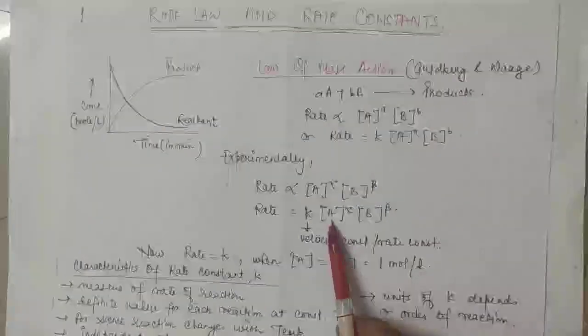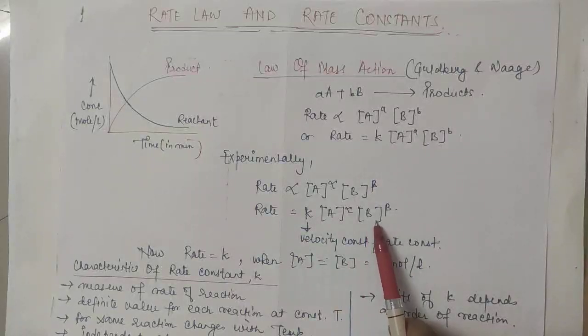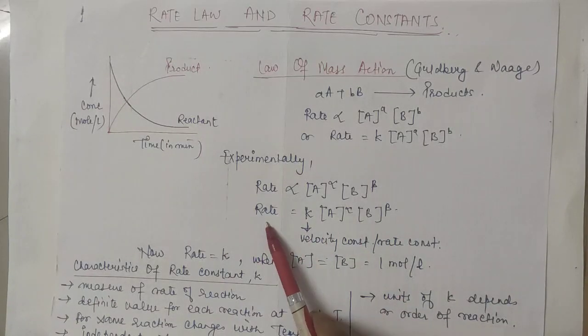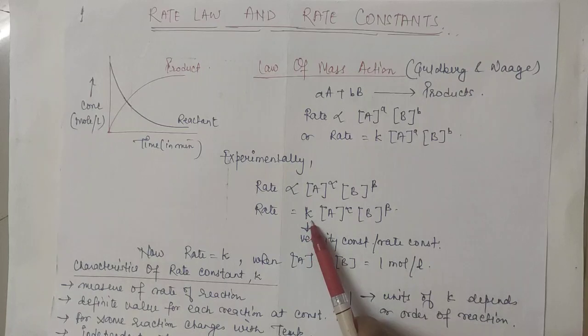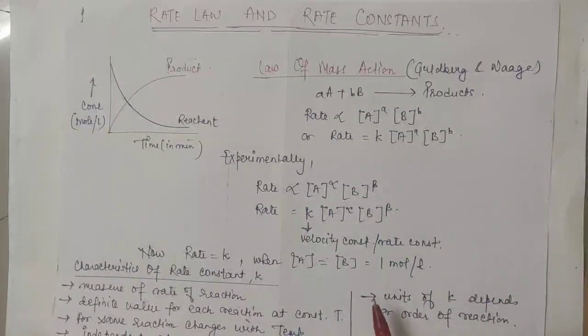If the molar concentration of A is 1 mole per liter and B is also 1 mole per liter, then the rate will be equal to K. That is, when the concentrations of the reactants are unity. So rate constant is also known as specific reaction rate. Remember that.